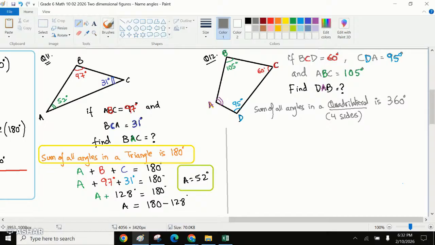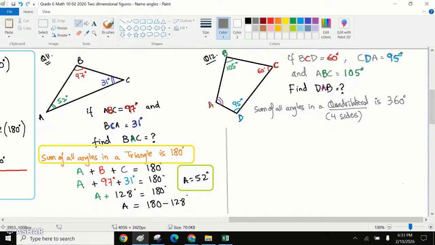We need to remember this. A shape with three sides will have a sum of 180. A shape which has four sides, the sum of interior angles would always be 360. We've studied this in polygons, right? In previous lessons, we have gone through how to find the sum of the angles.